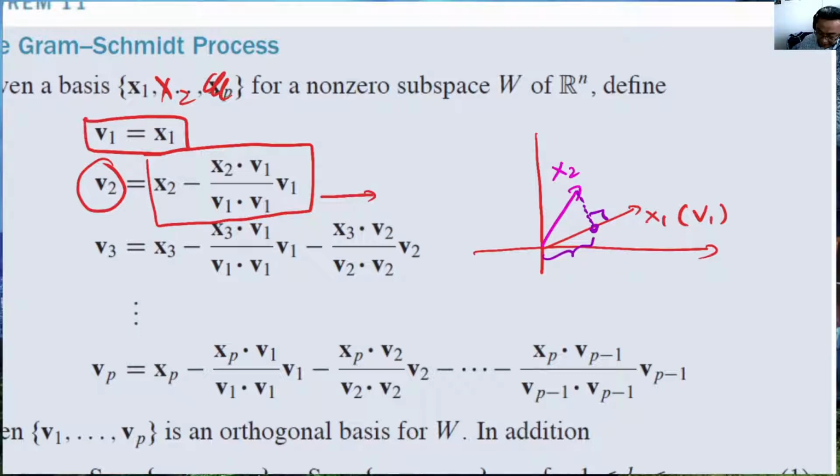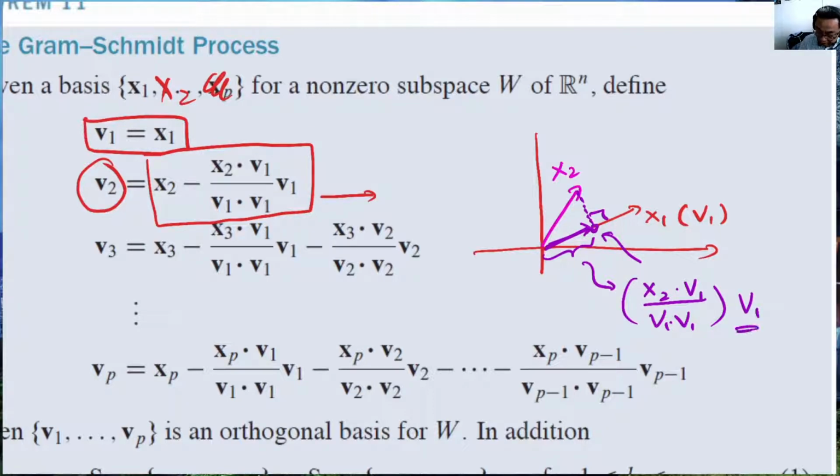This little guy here, x2 projecting onto V1, is the closest point along V1 to x2. What is this vector that I'm drawing now in purple? This vector is nothing but x2 dotted with V1 divided by V1 dotted with V1, multiplied by V1.